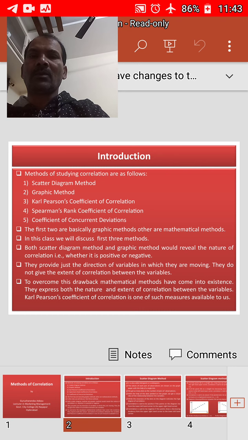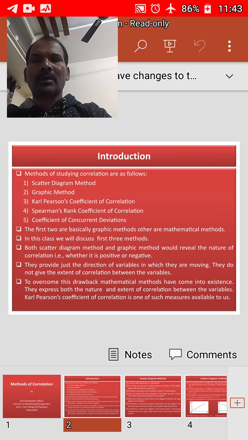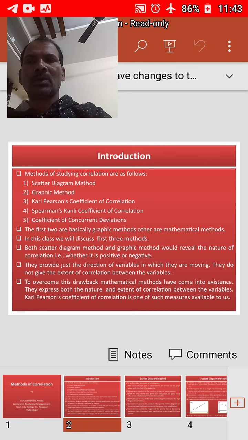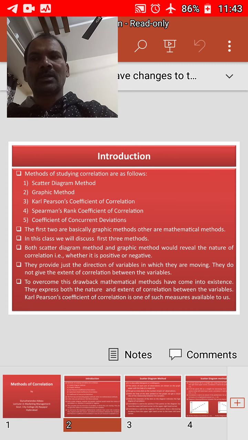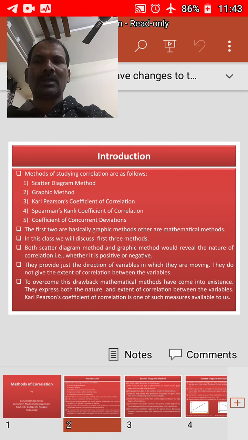What degree of correlation exists between the variables is not revealed by these methods. To overcome this drawback, mathematical methods came into existence, and they express both the nature and extent of correlation between the variables. Karl Pearson's coefficient of correlation is one such measure available to us.